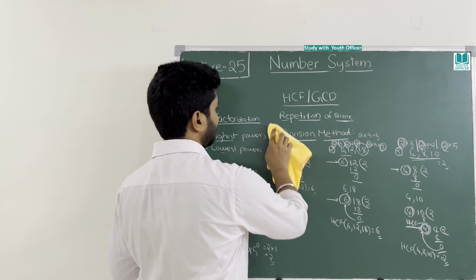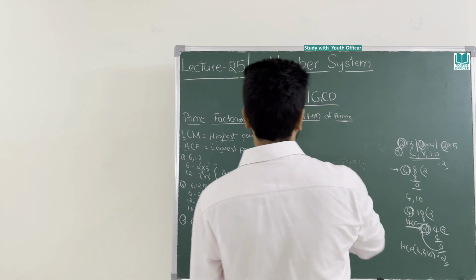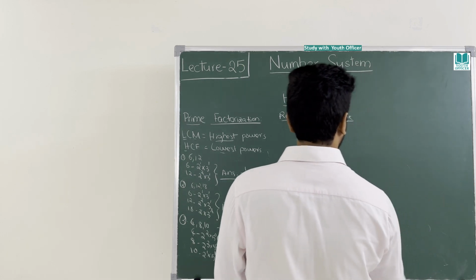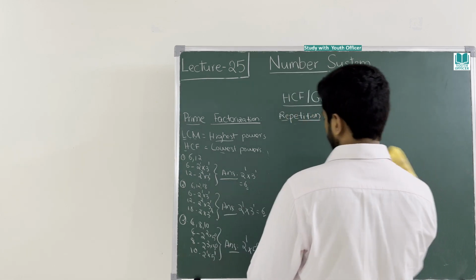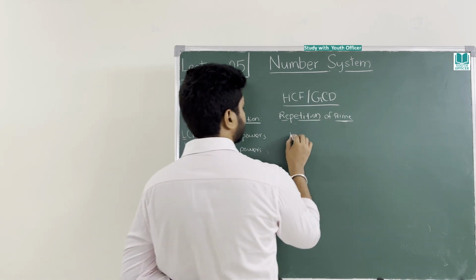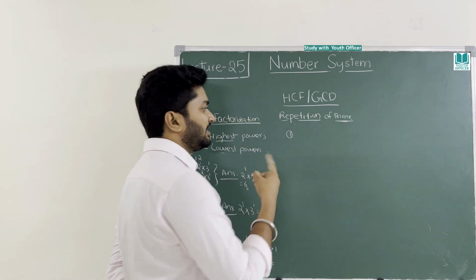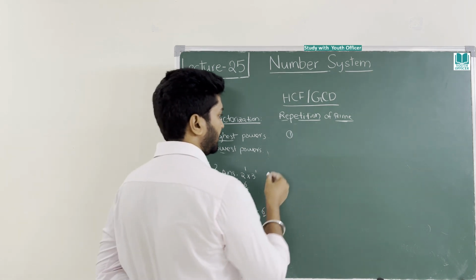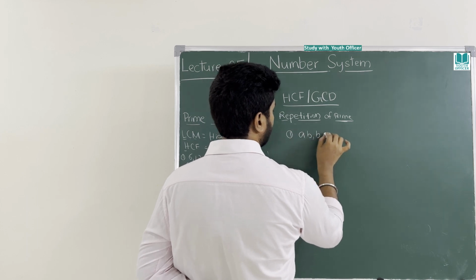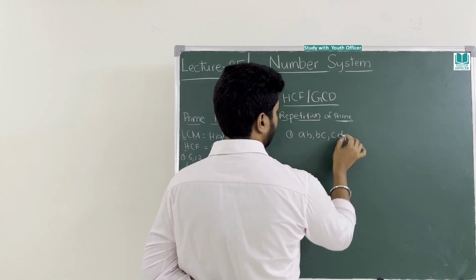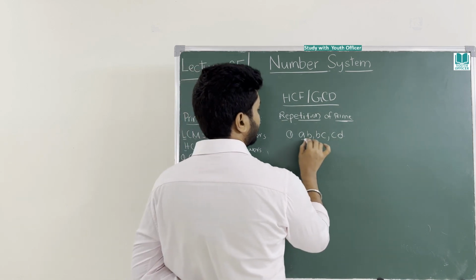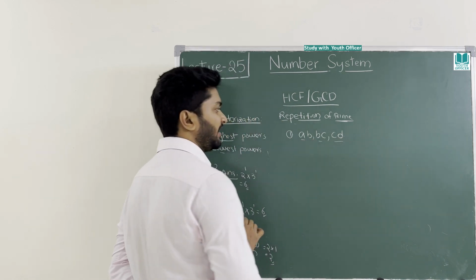I'll take some letters ABCD like I have taken in LCM, that is, algebra style. I'll teach you through algebra methods how coprimes act. Like the first example, I'll show it in algebra form. Take AB, BC, CD.